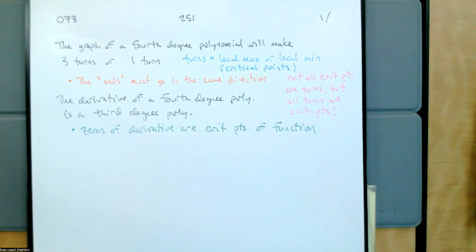A third degree polynomial is the derivative, and we care about the zeros of this derivative because that's where we're going to find the critical values.